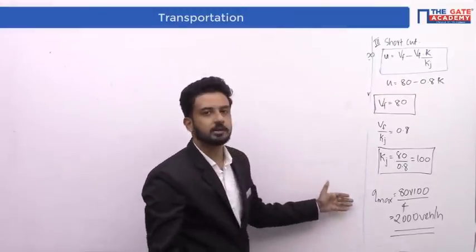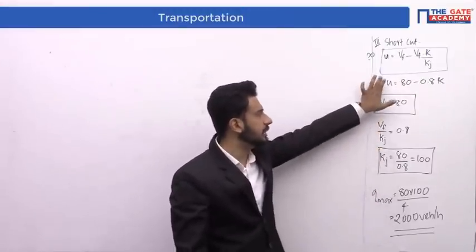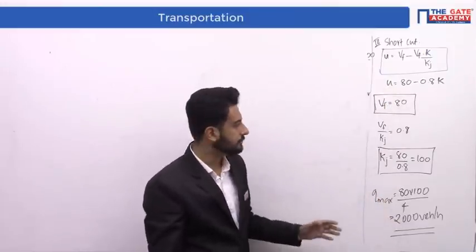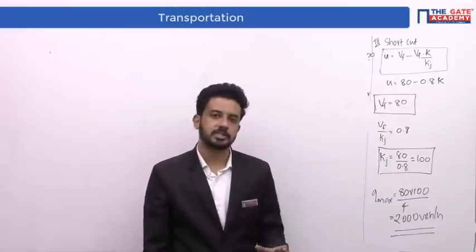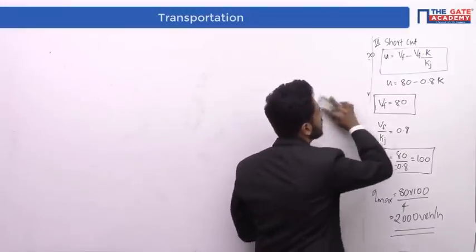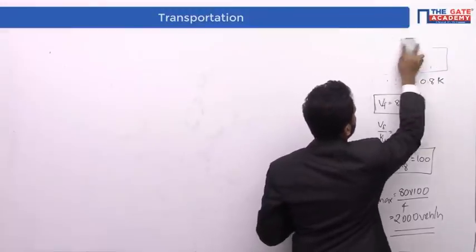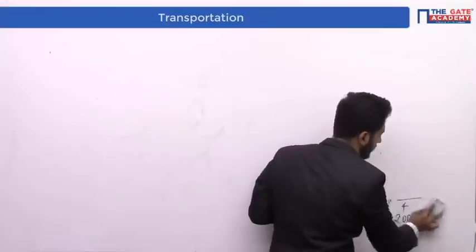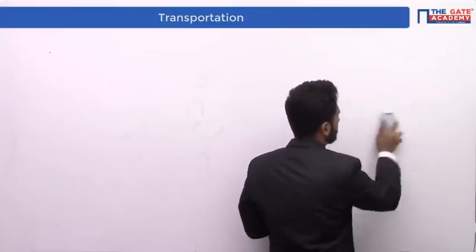In the shortcut method, if you remember this equation, you directly get the value of Vf and Kj. No need to check any condition.